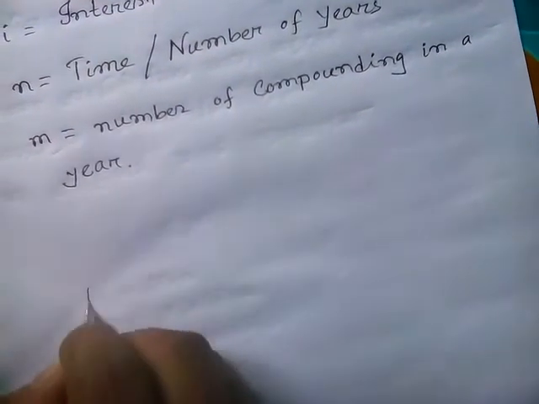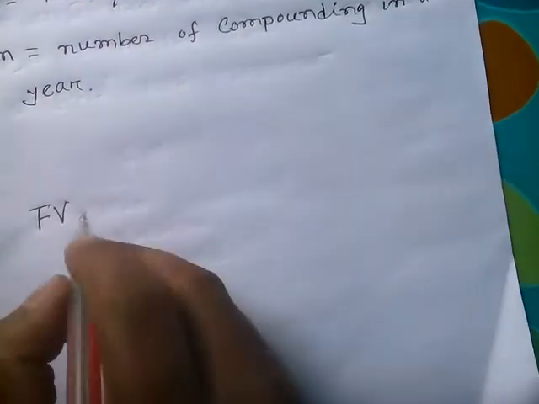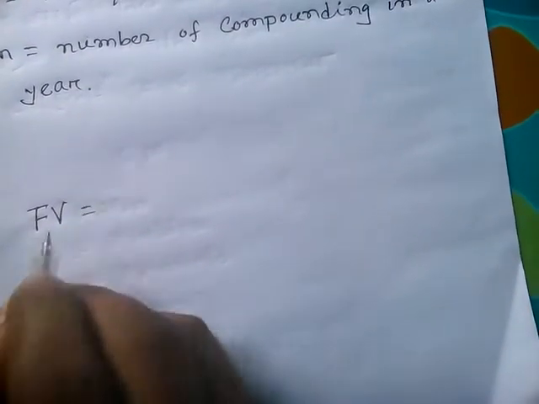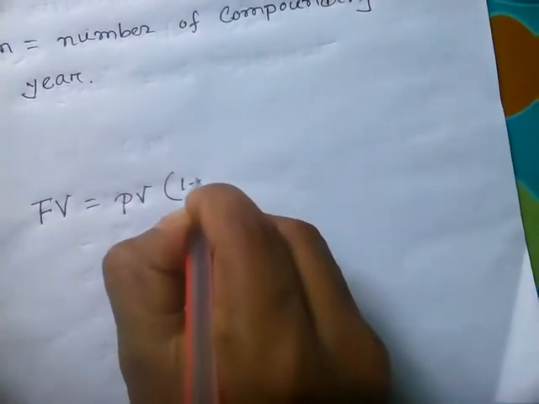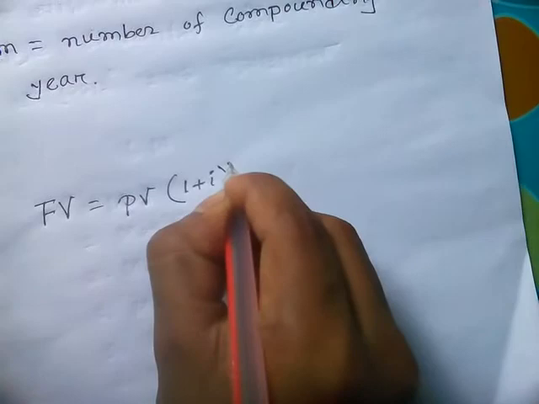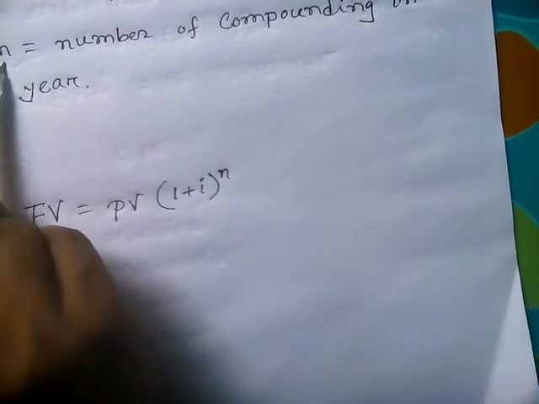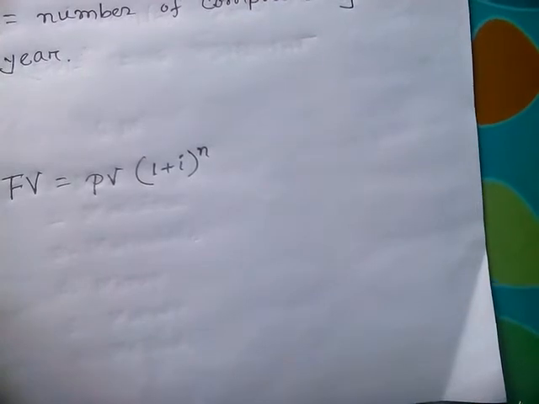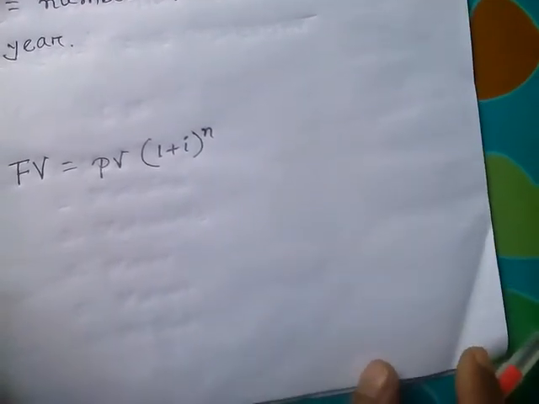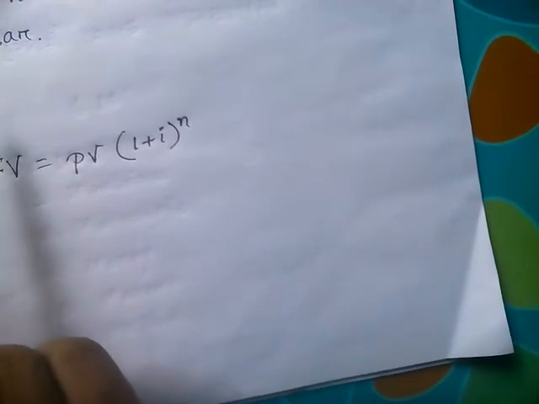At first we'll learn how to calculate future value. I'm writing the formula at first. FV or future value equals PV into 1 plus I to the power N. Here I have not written M. If the number of compounding is not written, then we have to consider that it is yearly compounding, and yearly compounding means number of compounding is one time in a year.